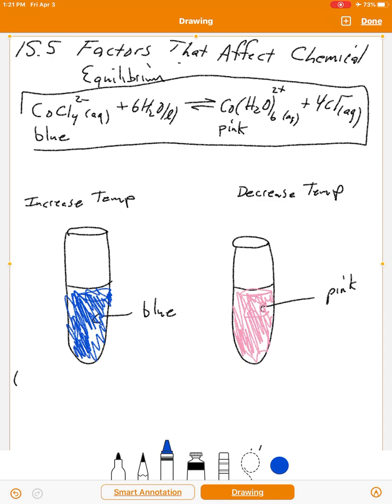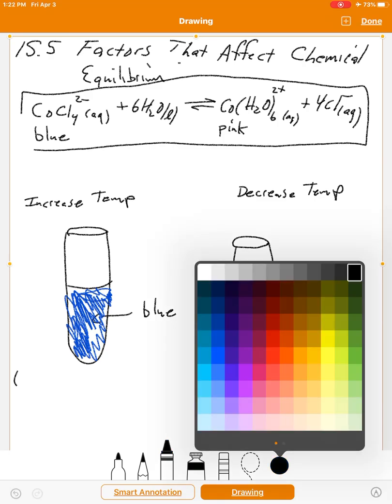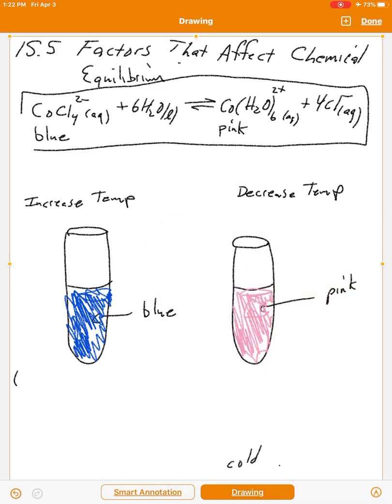So the first question we're going to ask is, on the left, where it's blue, what is the dominant material in terms of the cobalt? Is it mostly cobalt chloride, or is it mostly hexaaqua cobalt 2? It's blue, so that means it must be mostly CoCl4 2 minus. Maybe not 100%, but mostly.